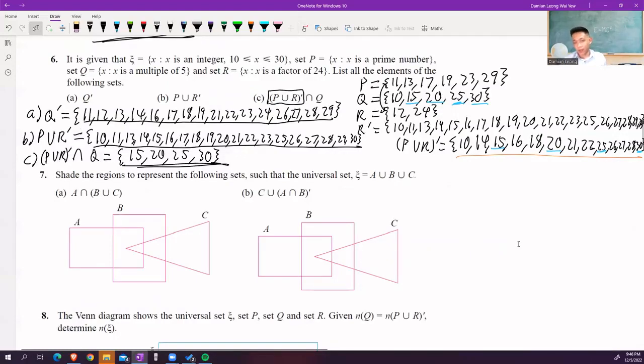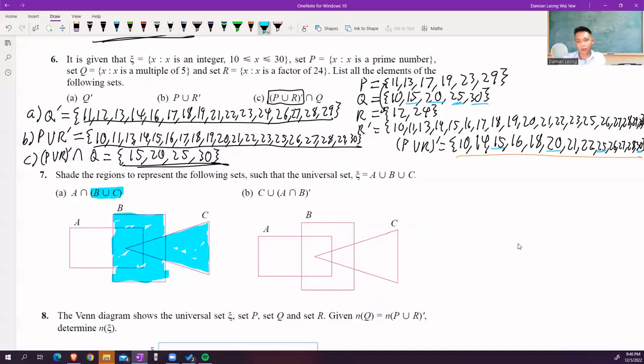Then we look at question 7 here. Shade the regions to represent the following sets. So this kind of shading, always look at the bracket part first. Look at this, B union C. B union C means I combine set B and set C, the whole set B and the whole set C. Combine them.